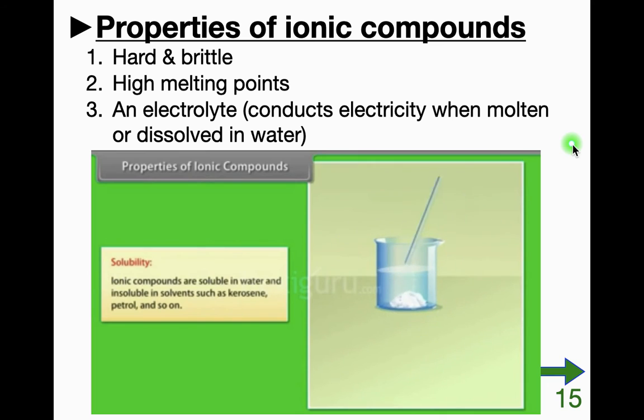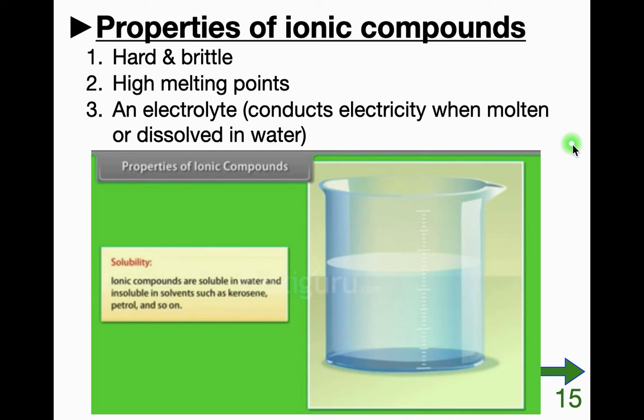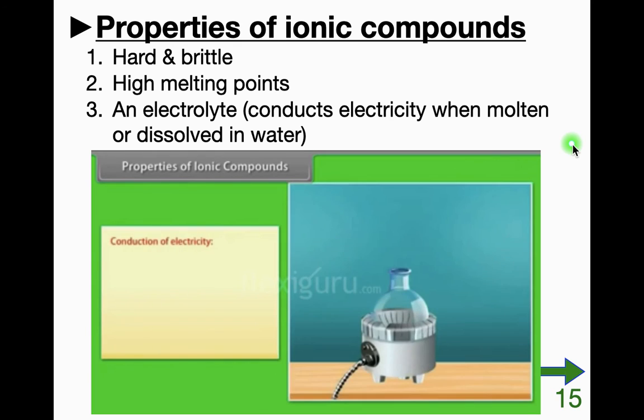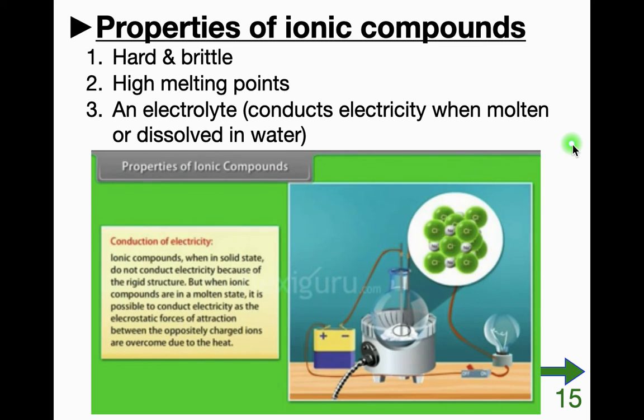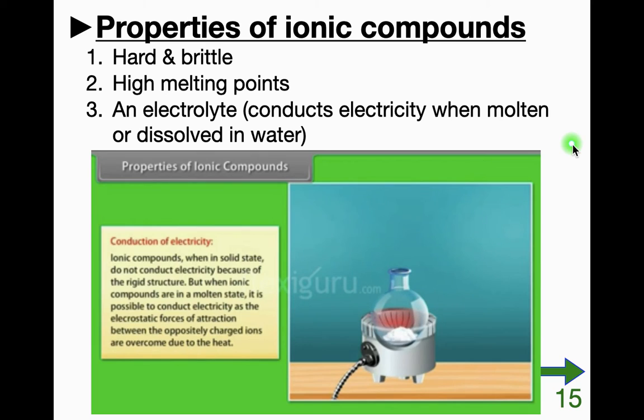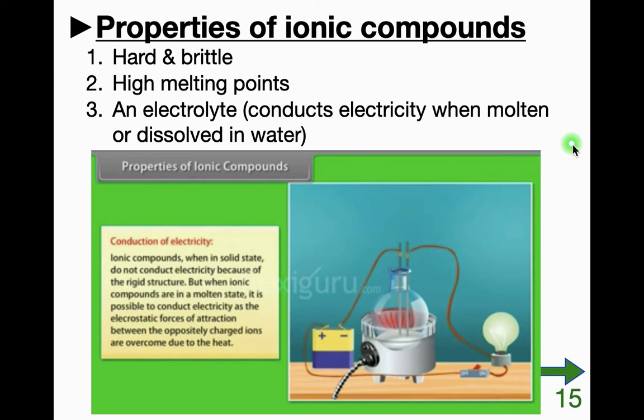Ionic compounds are soluble in water and insoluble in solvents such as kerosene, petrol, and so on. Conduction of electricity. Ionic compounds, when in solid state, do not conduct electricity, as the movement of ions is not possible because of the rigid structure. But when ionic compounds are in a molten state, it is possible to conduct electricity, as the electrostatic forces of attraction between the oppositely charged ions are overcome due to the heat. This leads to ions to move freely and conduct electricity.